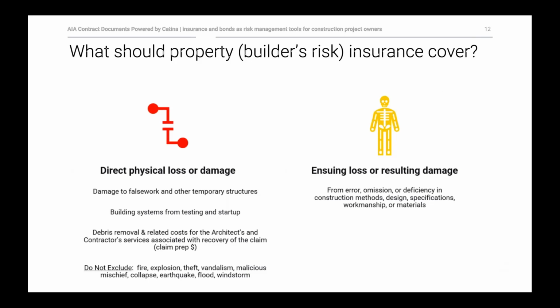And so what are the kinds of losses that builder's risk insurance should cover? This is a listing. I'm not going to go through each one of them. But if you look at the AIA's documents, we have specific terms that will make sure that the builder's risk coverage is crafted to include all of these various types of losses or damages, or at least when sent to an insurance advisor, you'll be able to determine if there's going to be a gap, something that isn't going to be covered by the builder's risk that you're purchasing, and to discuss with them, well, can we get that coverage?